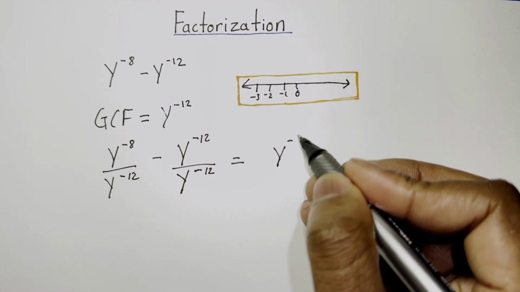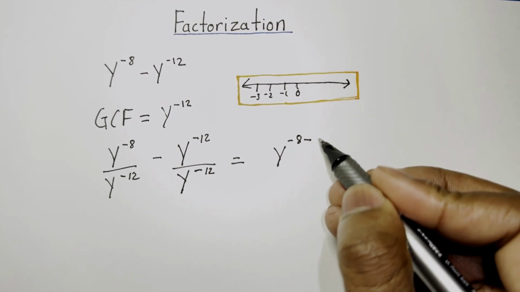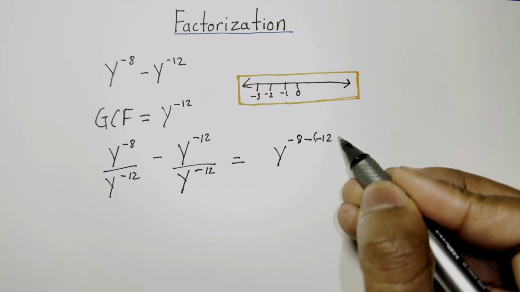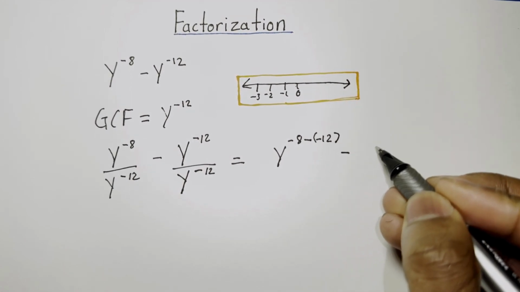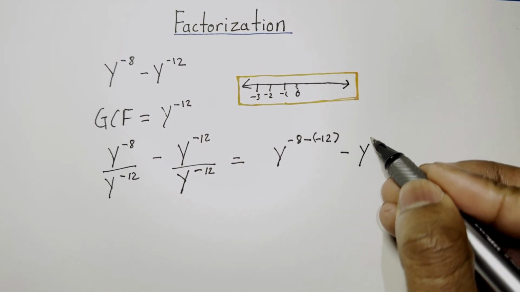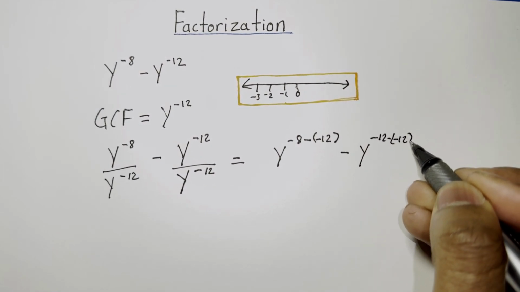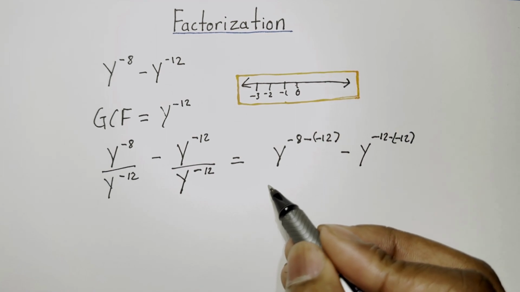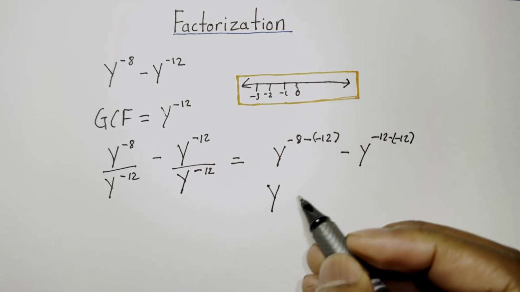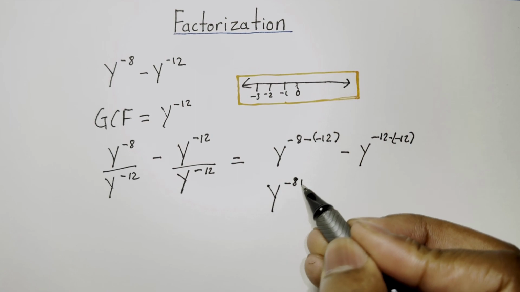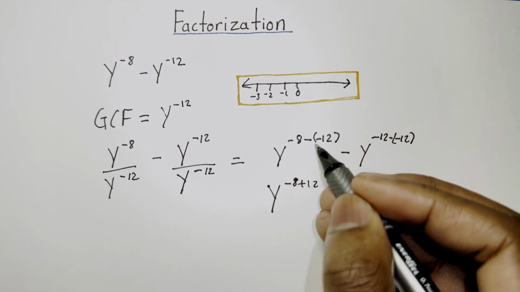So this will be negative 8 minus negative 12, and this is negative 12 minus negative 12. Negative 8 plus 12, because we have two negative signs here.